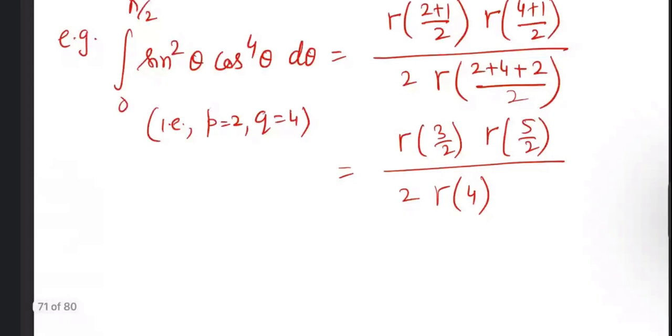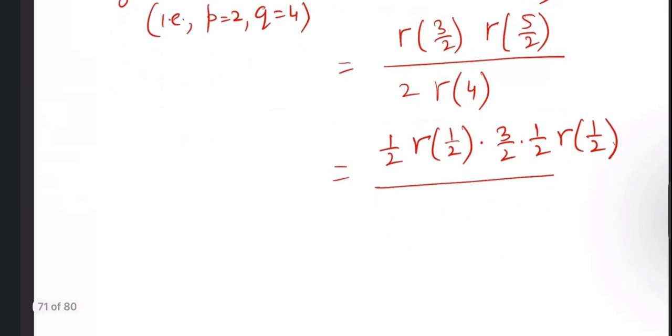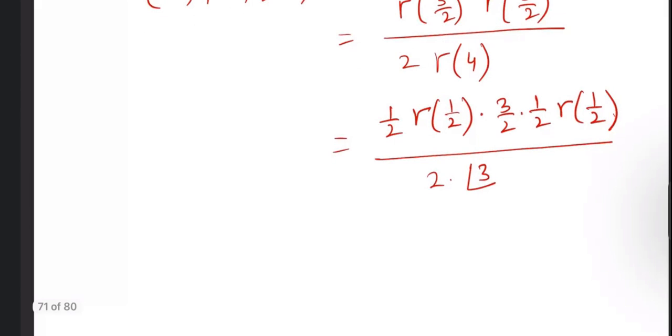And gamma of 3 by 2 is 1 by 2 into gamma of 1 by 2, and gamma of 5 by 2 will become 3 by 2 into 1 by 2 into gamma of 1 by 2, divided by 2 into factorial 3, as the value of gamma 4 is factorial 3. It will become 1 by 2 into 3 by 4, 1 by 2, that is 3 by 8.